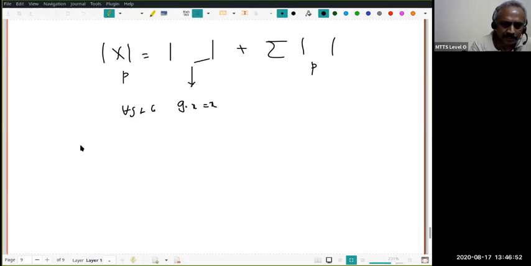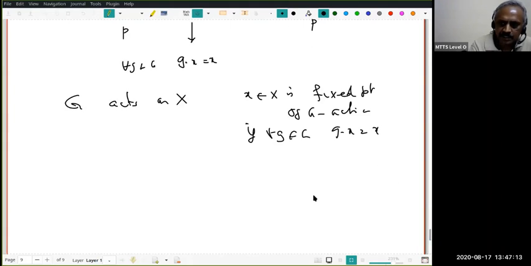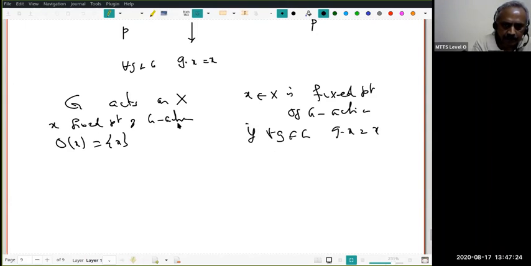We will say let G act on X, and we say X in X is a fixed point of the action. Here, for every G in G, G dot X equal to X. That is the same as saying X is a fixed point of the G action if and only if the orbit of X consists of only X.